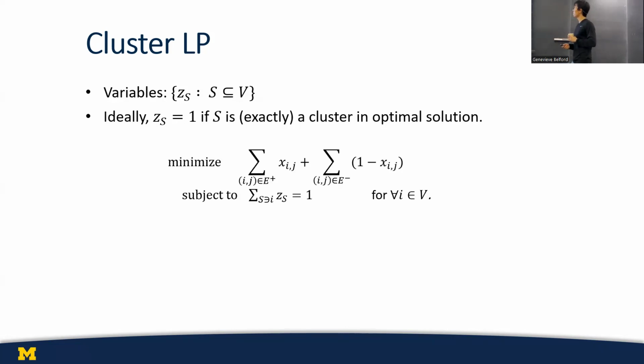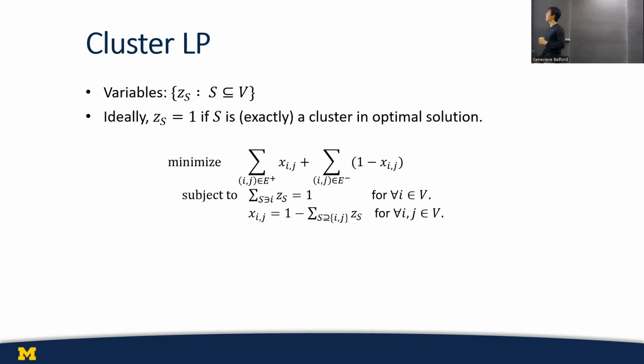If that's the meaning, then at least this constraint is clear. For each vertex i, it should belong to exactly 1 cluster, so the summation over S including i of Z_S should be exactly 1. That's a natural constraint. And one can also infer the x_ij variables from the Z variables.